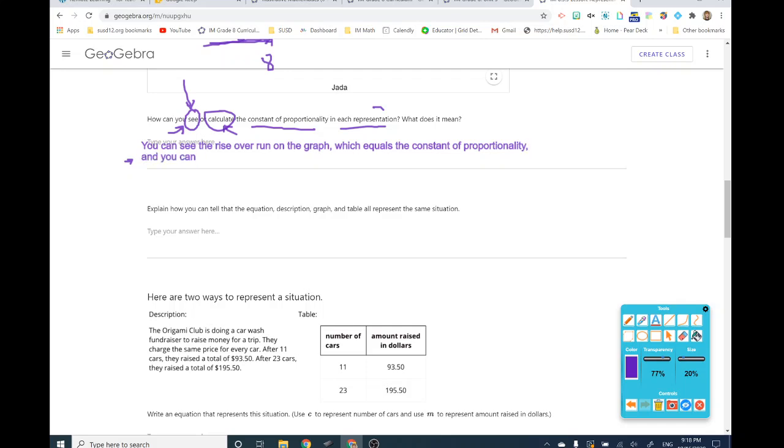And you can calculate the constant with the data points by finding the change in y for every change in x.